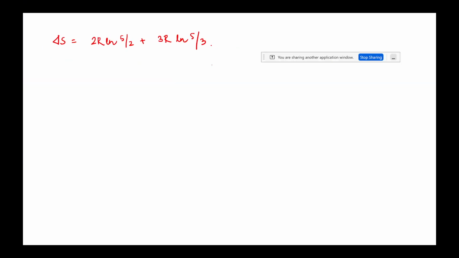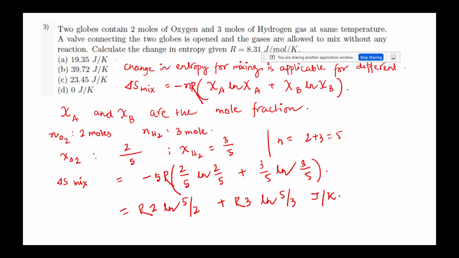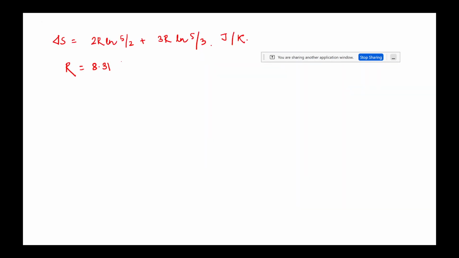So do the calculation and tell me the answer. The R value is R equals 8.31 joule per mole per Kelvin.